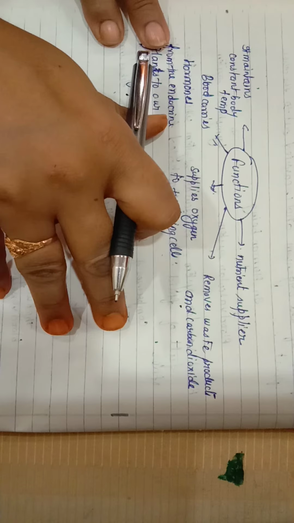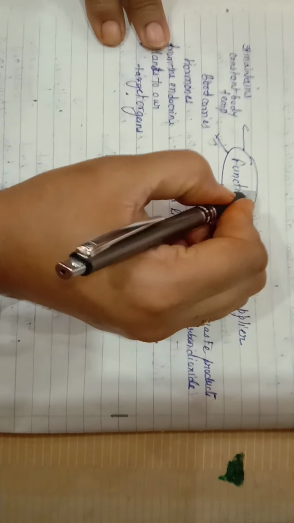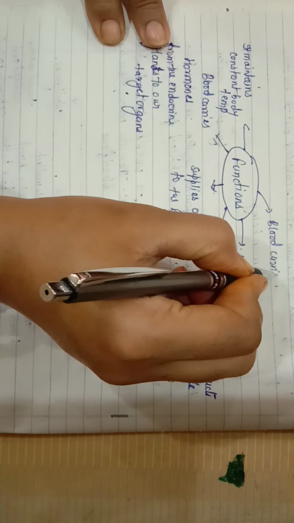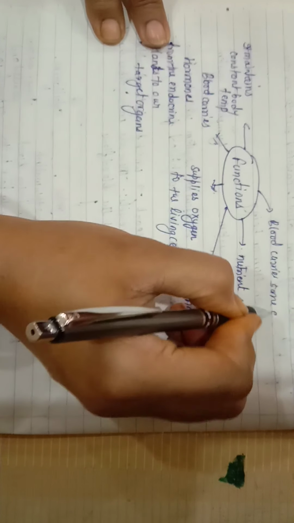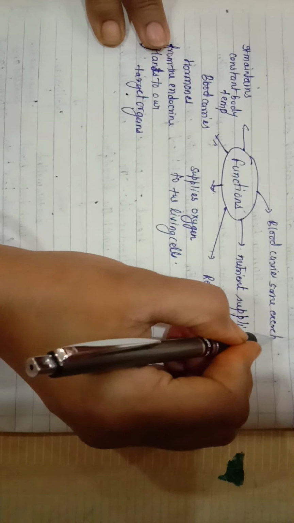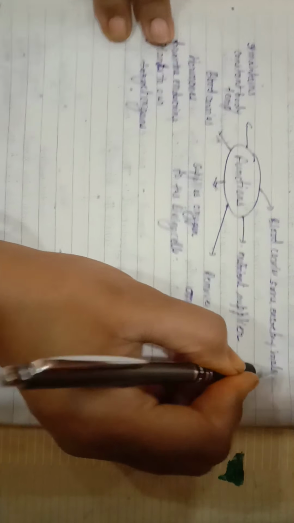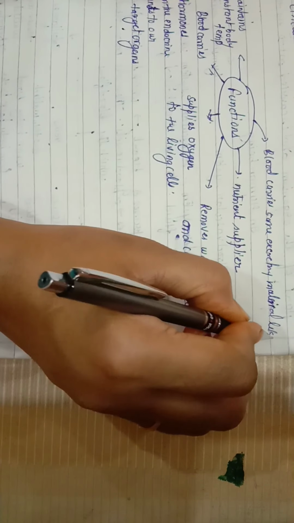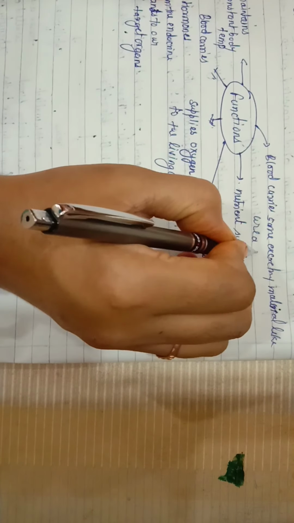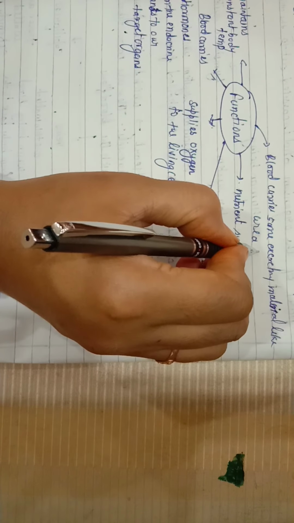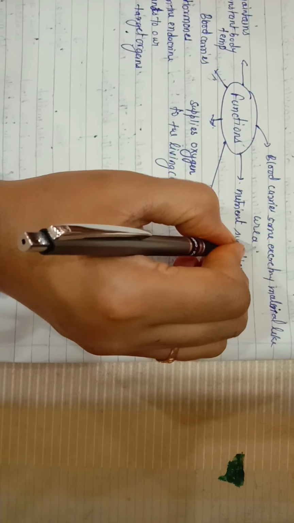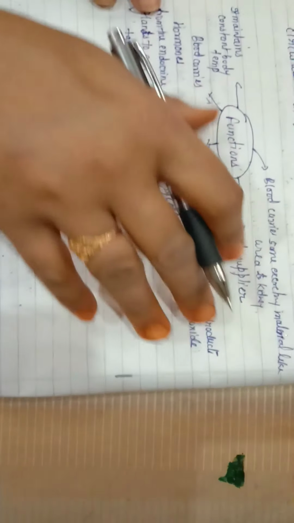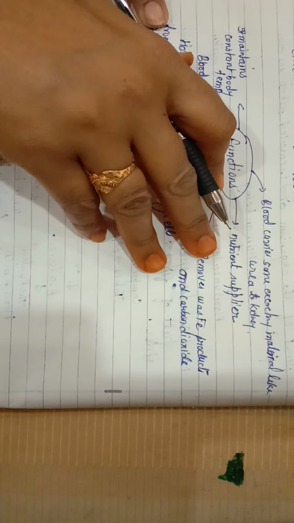Along with this, there are so many other functions, because blood carries some excretory material like urea to the kidney, and hence it helps in the excretion of this waste product.